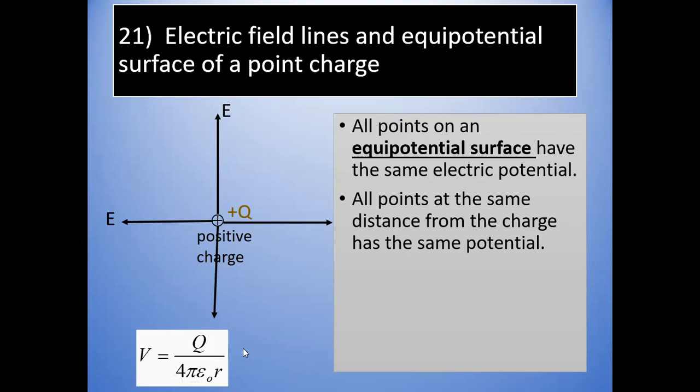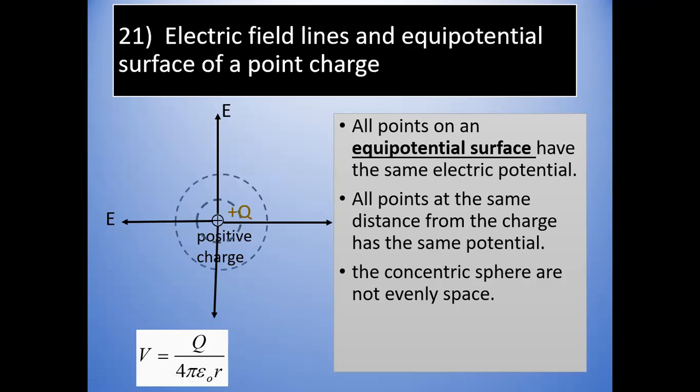We look at this equation. R the same, V is the same. So we can expect concentric spheres, and they are not evenly spaced because it's not a uniform field. It becomes stronger at the center and weaker and weaker further away.